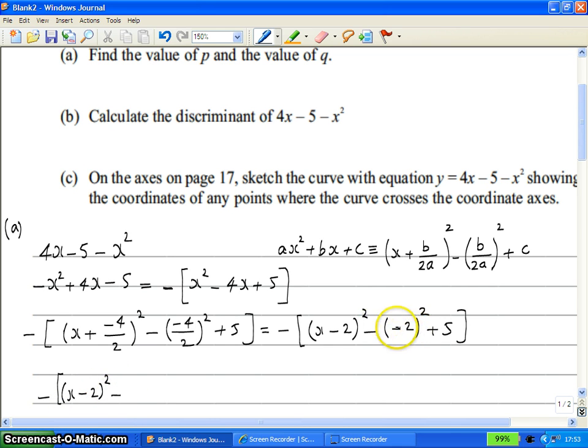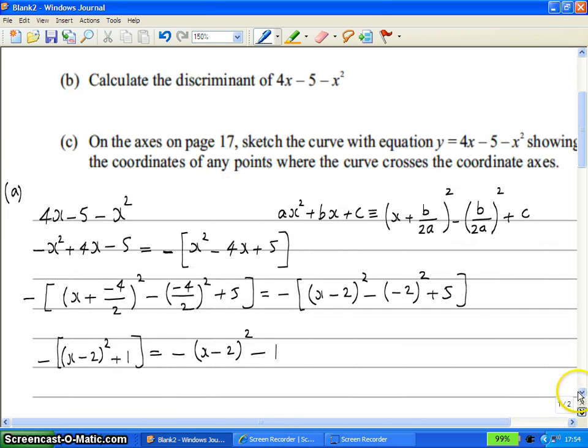So this whole thing here, minus 4 add plus 5 gives you plus 1, so that becomes a lot more modified like this. Then effect the minus inside, we get minus x minus 2 all squared minus 1, and get rid of the square bracket. Now it's beginning to look like the requested form.